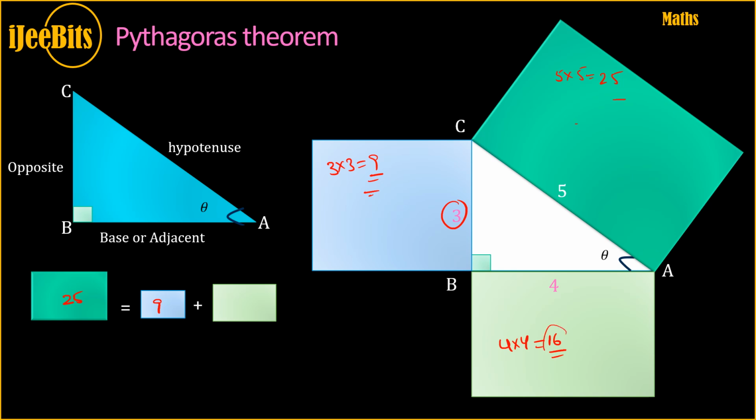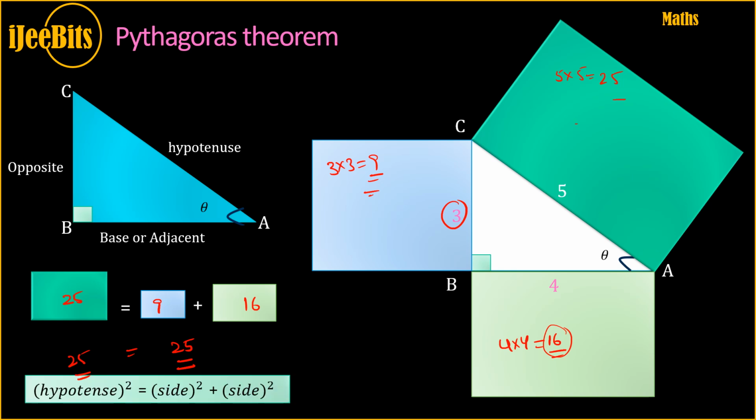And then this is 16, so I can put 16, and hence 9 plus 16 is 25, which we have seen already. So now you see, Pythagoras basically talks about this. So the basic formula is hypotenuse square equal to side square plus side square.